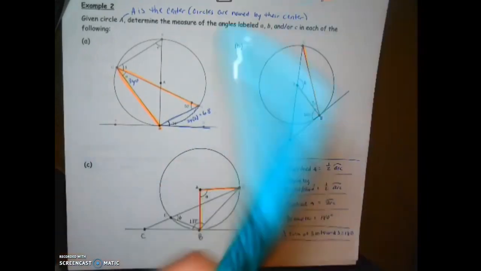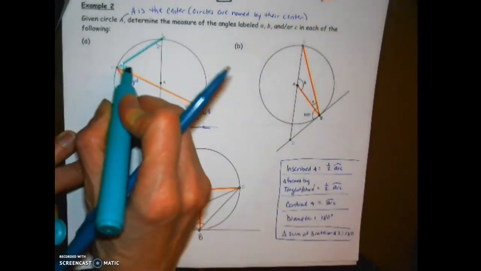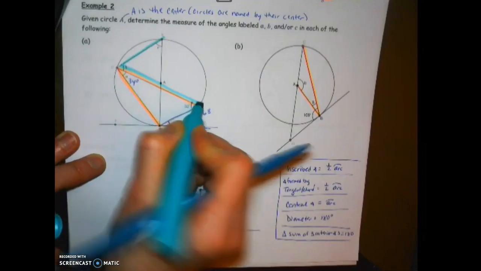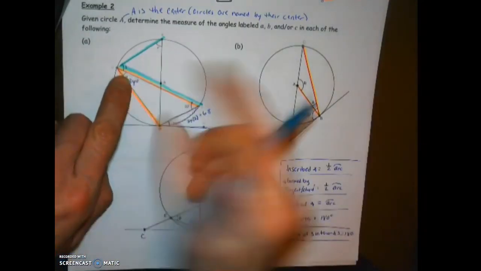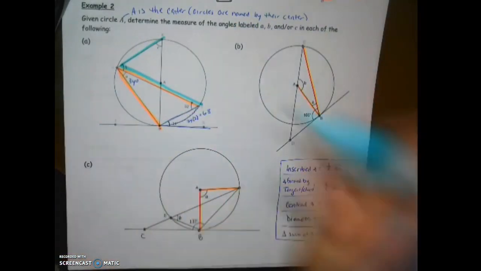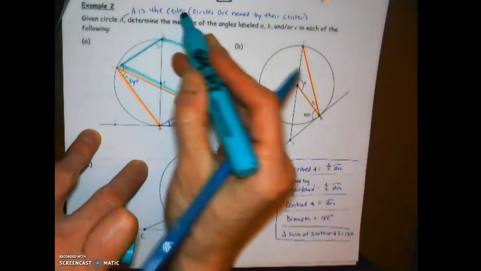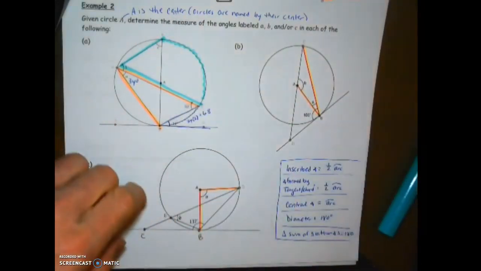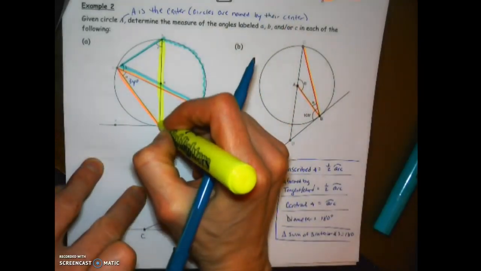Next, they said, find the measure of angle B. Well, angle B has its vertex on the circle, and the two sides are chords. That's also an inscribed angle. So it's going to be half of this intercepted arc, which is from C to E, which I don't have right now, but guess what? A is the center of the circle, which means that this line segment here is a diameter.